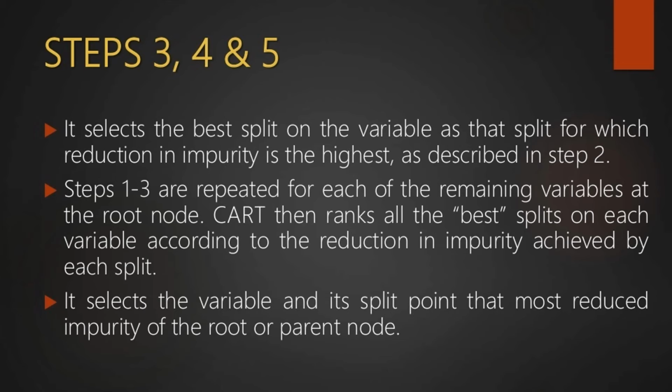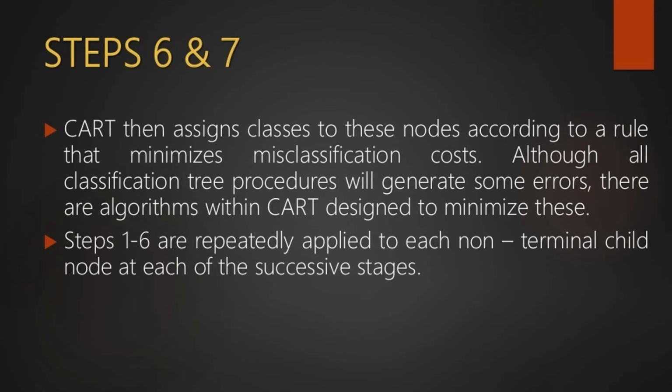It selects the variable and its split point with the most reduced impurity of the root or parent node. Steps 6 and 7: CART then assigns classes to the nodes according to a rule that minimizes misclassification cost. Although all classification tree procedures will generate some errors, there are algorithms within CART designed to minimize these. Steps 1 to 6 are repeatedly applied to each non-terminal child node at each of the successive stages.